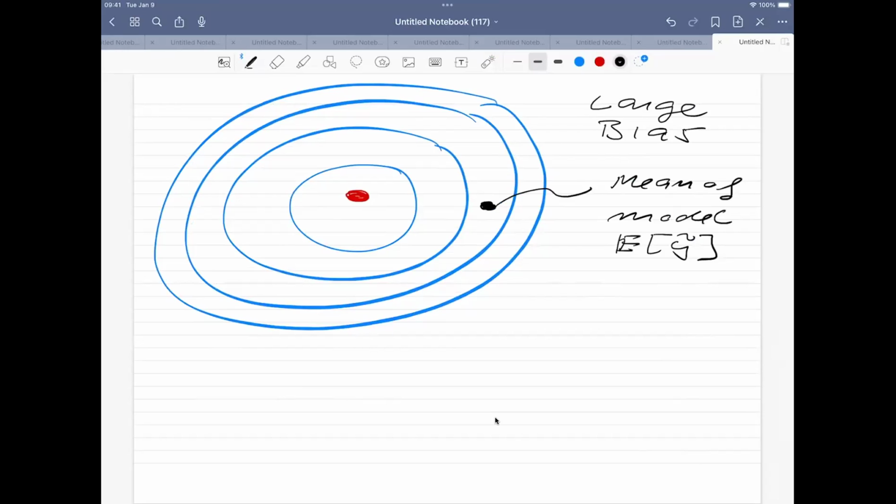You have, in a sense, in Norwegian, fordom, or you're putting too much weight on your model. And this is often something which comes when you have a low complexity.